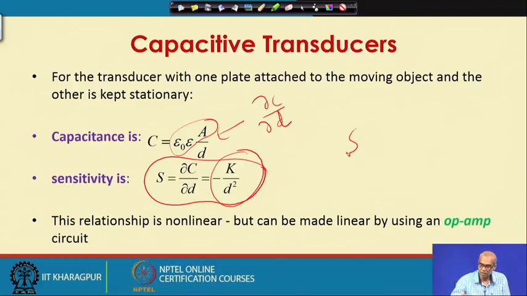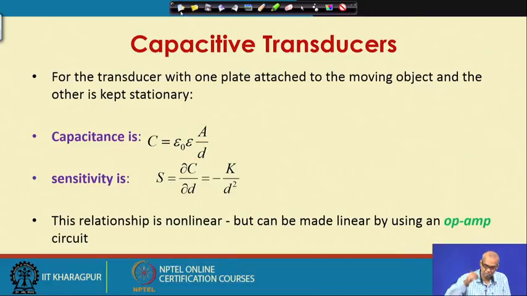S is some constant minus some constant divided by d square. So, it is a nonlinear relationship, but it can be made linear by using an op amp circuit, operational amplifier circuit.